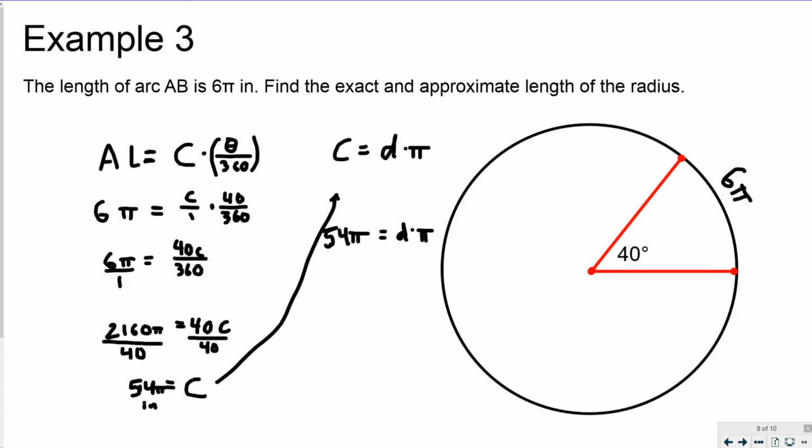So then I can go ahead and divide both sides by pi. And I get that the diameter is equal to 54 inches. Well, we know that the radius is equal to half of that measure, so the radius would be 27 inches. Boom.